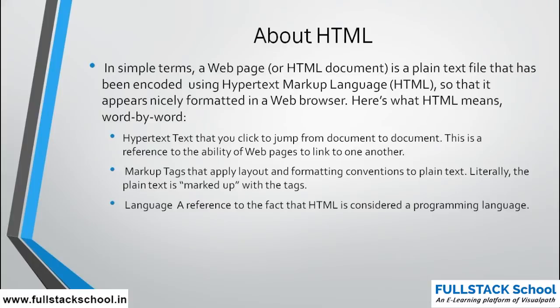For example, as you learned in HTML4, every HTML element starts with a tag, which is open brackets and close brackets. Under that we write plain text. For example, if I want to link it, then I can write a link, an open bracket and a close bracket, and we close that link. So any word which has been marked up, and we align the entire formatting of a text by using plain text, is known as a markup tag.